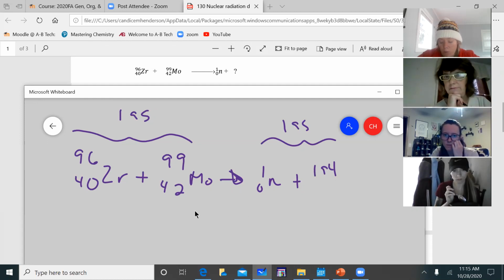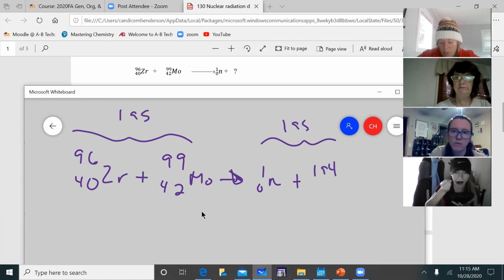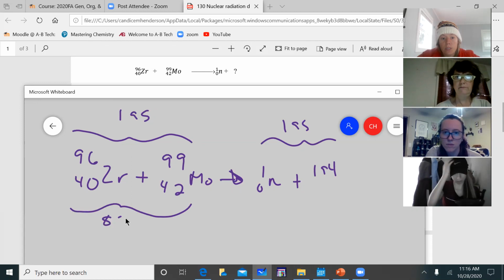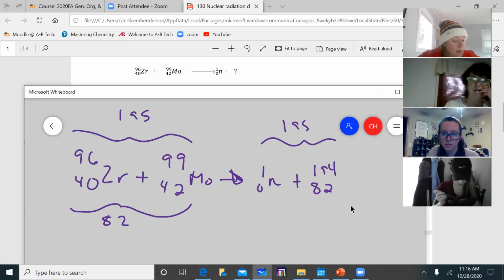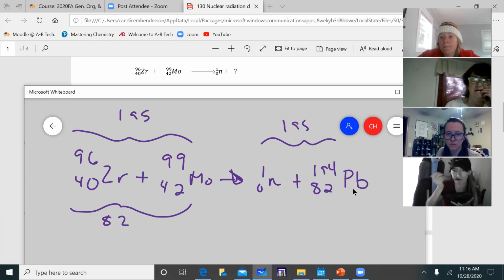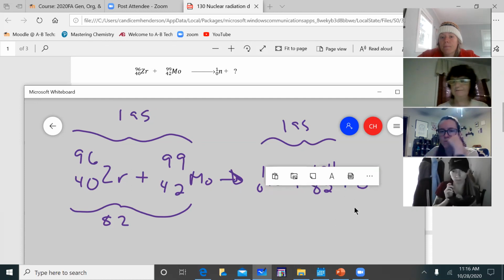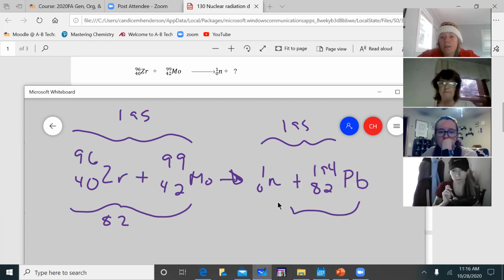Let's go for the bottom: 40, 40, and 42. So we have a total of 82 protons. None of those are being occupied by the neutron, so we can put 82 here. And then we look up our 82, which is lead, Pb. Not too bad.